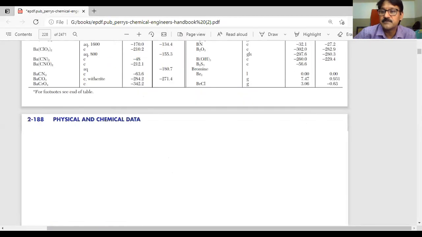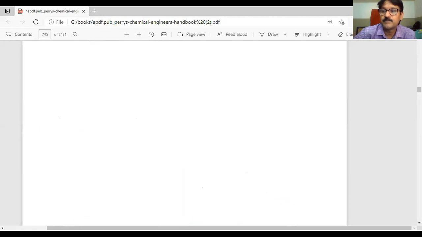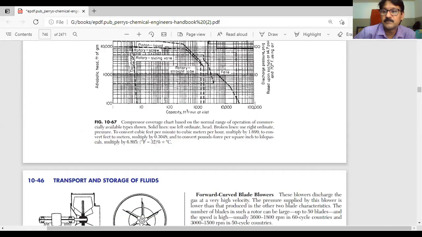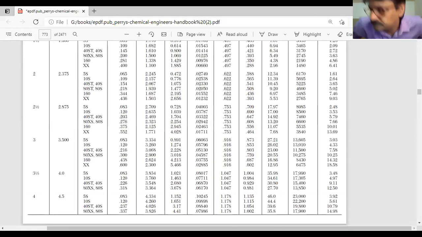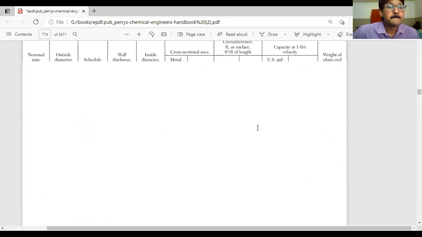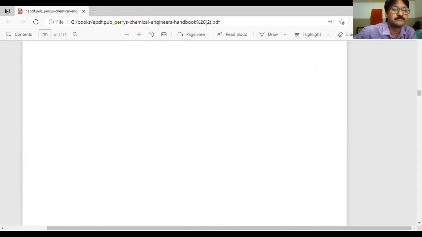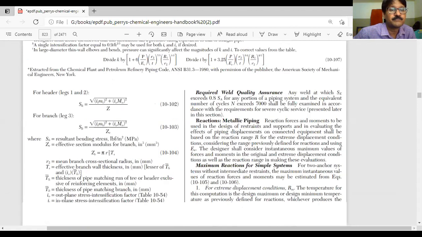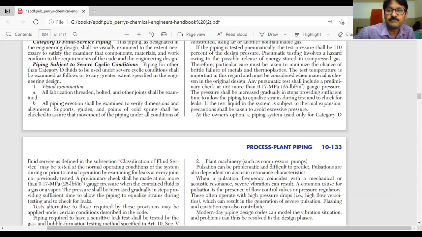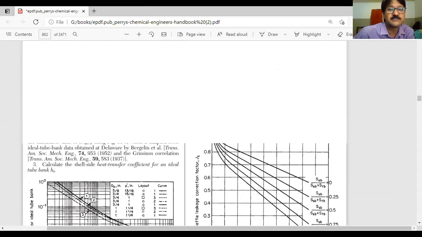We'll come to the page number 11.6. Okay, here.